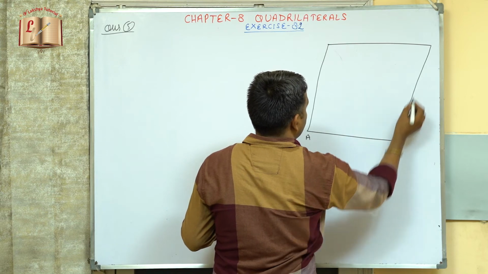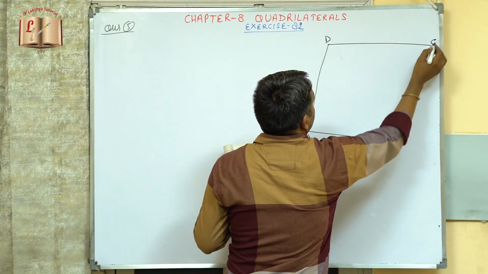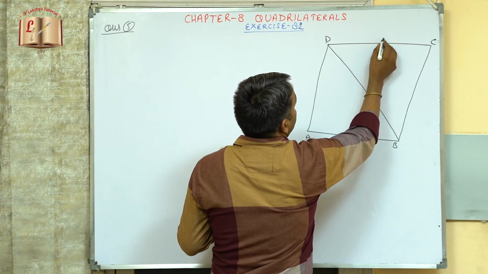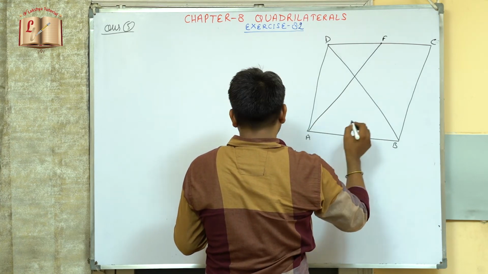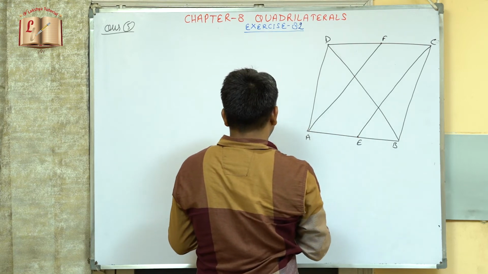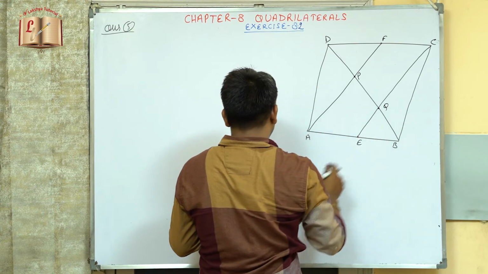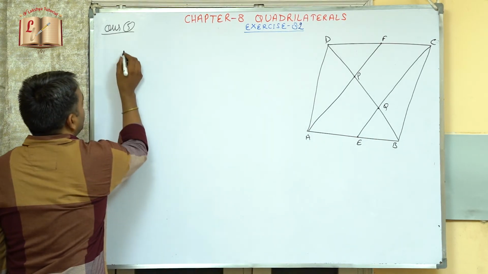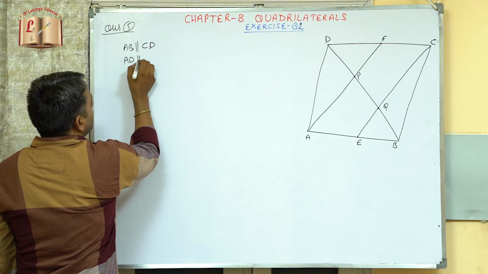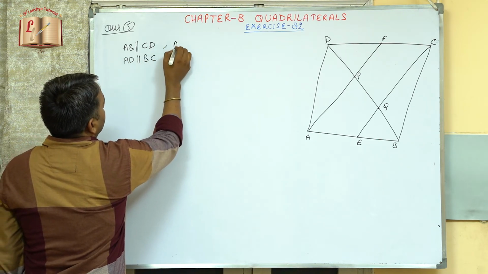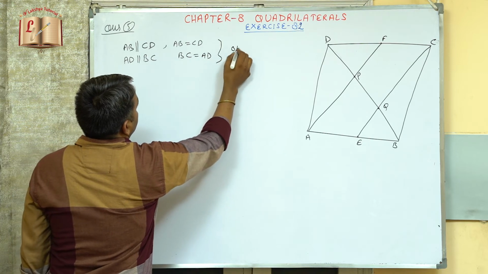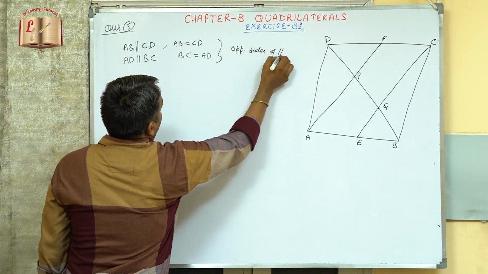This is A, B, C and D. This BD diagonal is joined and this is a point F. This is joined with A and here is the point E, and this is joined with C, and this point is P and here it is Q. So ABCD is a parallelogram given to us, meaning I can write AB is parallel to CD and AD is parallel to BC, and also AB will be equal to CD and BC will be equal to AD because these are the opposite sides of a parallelogram.